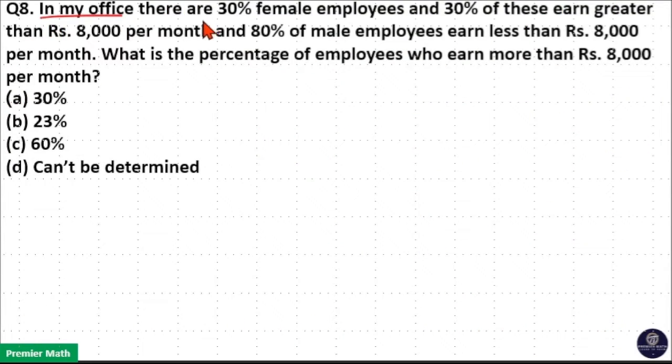In my office, there are 30% female employees and 30% of these earn greater than rupees 8,000 per month. 80% of male employees earn less than 8,000 per month. What is the percentage of employees who earn more than rupees 8,000 per month?